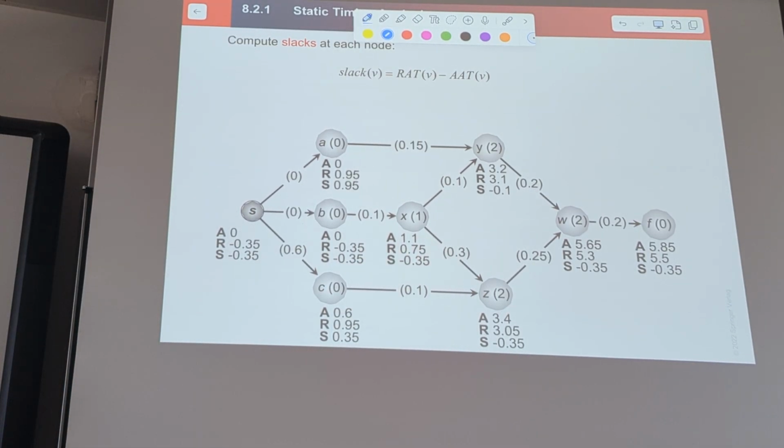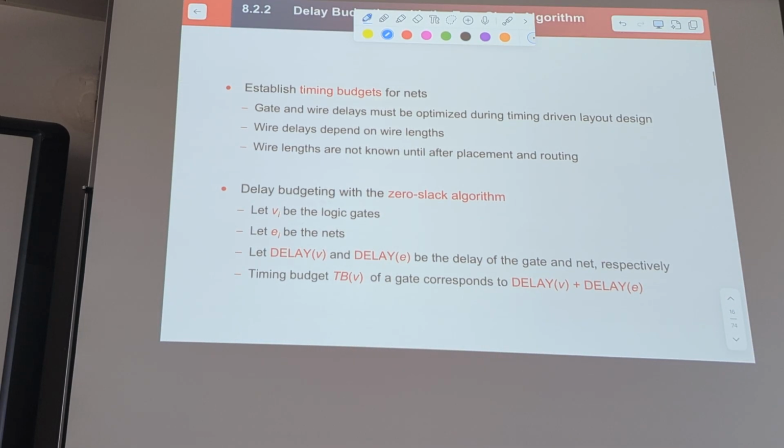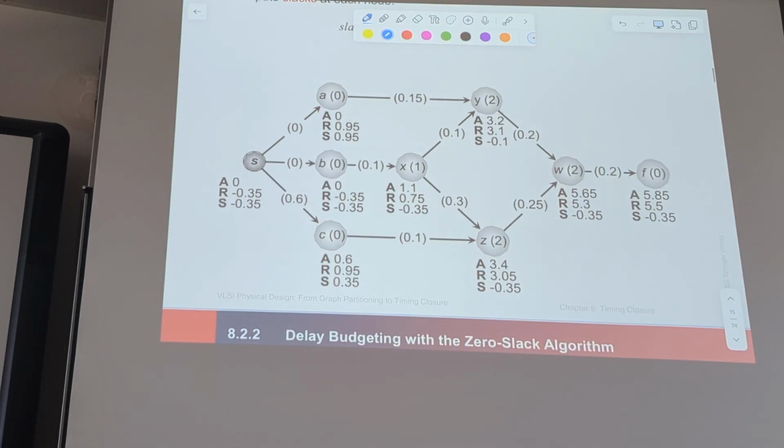That's why it's called static, because you don't need any dynamic simulation to check it out. You just look at the static behavior of the circuit. No stimuli needed, no nothing. So that's one method or the method for timing analysis.